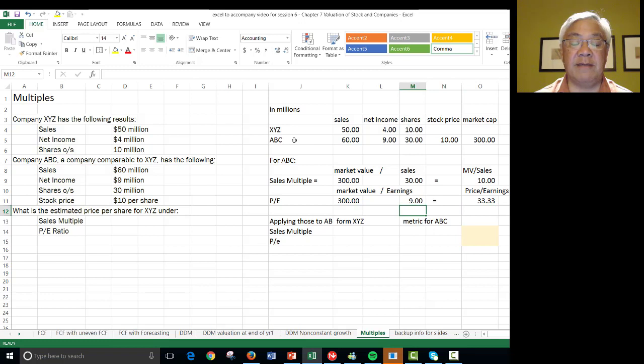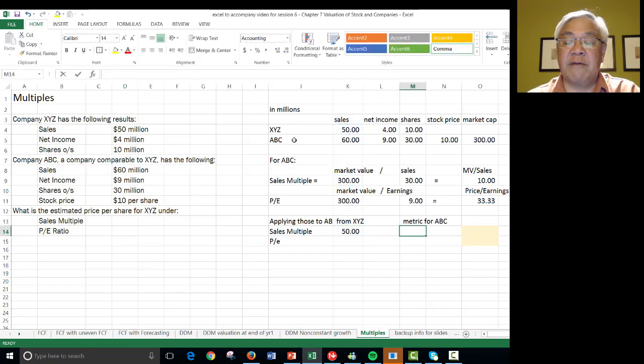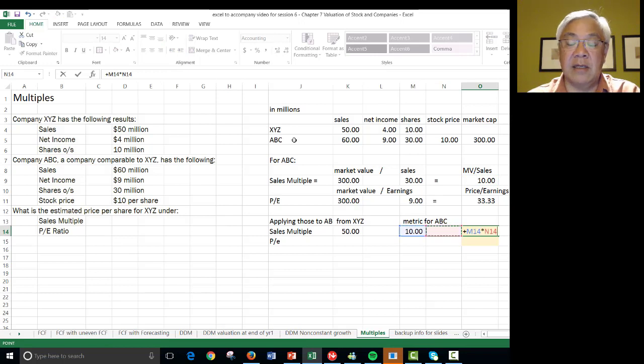Now we can apply it to XYZ. We have sales of 50, and the metric from ABC is the market to sales ratio. It's 10, so that would indicate 500 million for XYZ.